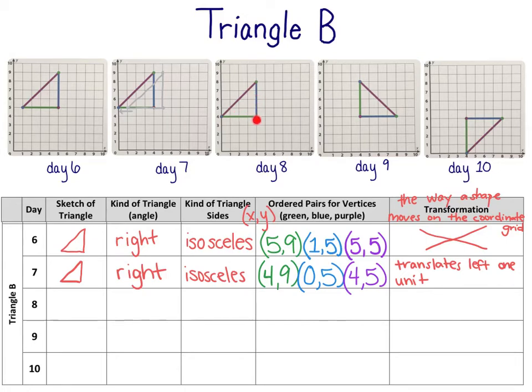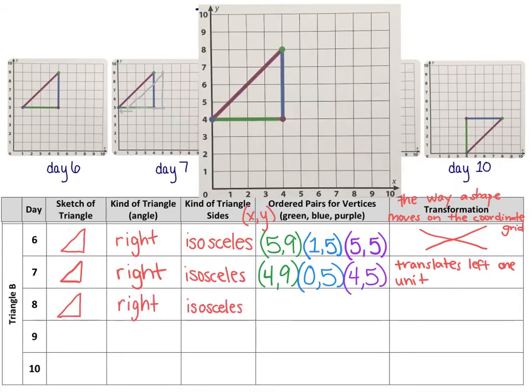There's still a 90-degree angle. So the angles would be that it's a right triangle. And the sides, there are still 2 sides that are the same length and 1 that is a different length. And we call that isosceles.